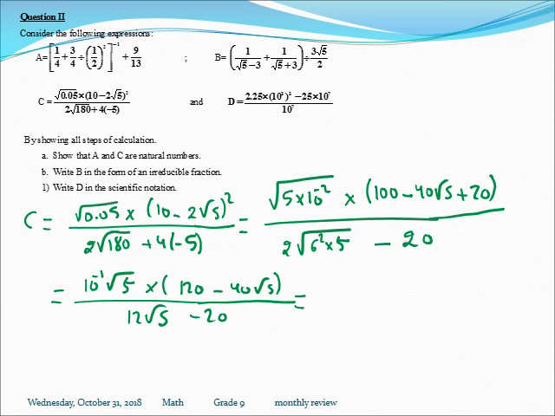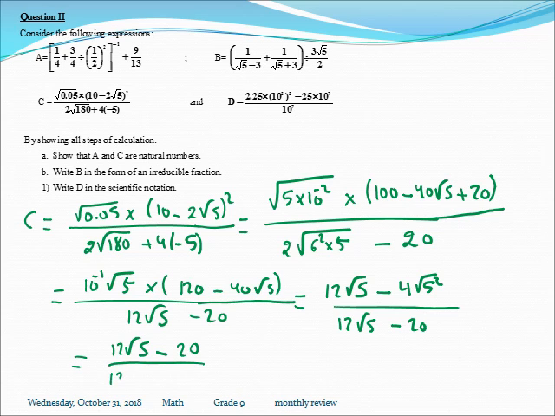Equal to 10^(minus 1) radical 5 times 10 times (12 minus 4 radical 5) over (12 radical 5 minus 20), which gives 12 radical 5 minus 20 over 12 radical 5 minus 20, so it's equal to 1.